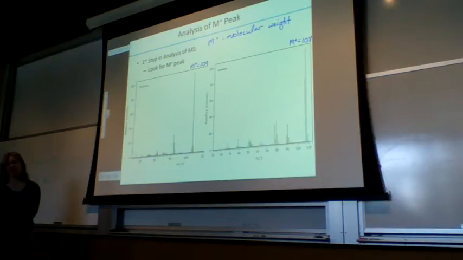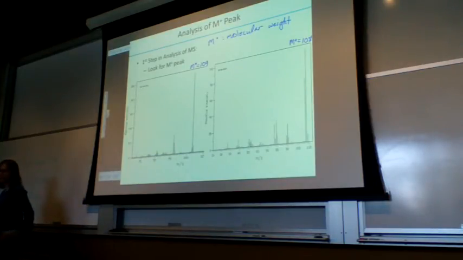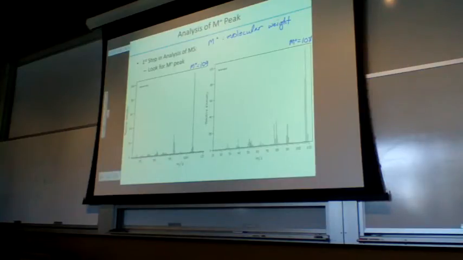There's a nitrogen on the left. Nitrogen. So if we have an odd mass, it means we have an odd number of nitrogens, that could be 1, 3, 5, any odd number.